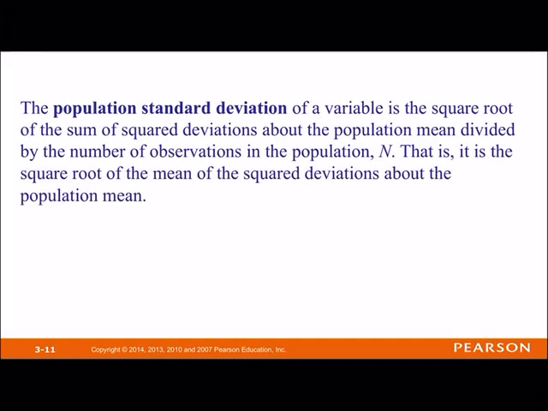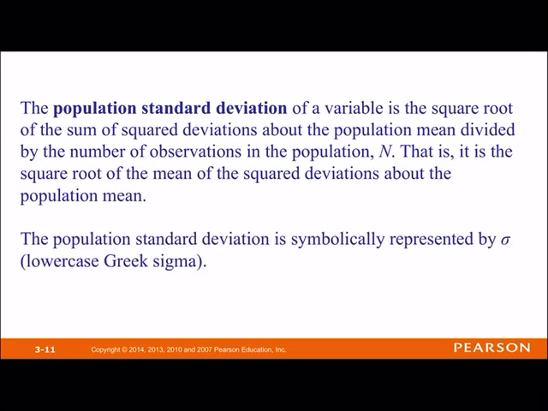So the population standard deviation of a variable is the square root of the sum of squared deviations about the population mean divided by the number of observations in the population, n. That is, it is the square root of the mean of the squared deviations about the population mean. Crystal clear what that is, correct?